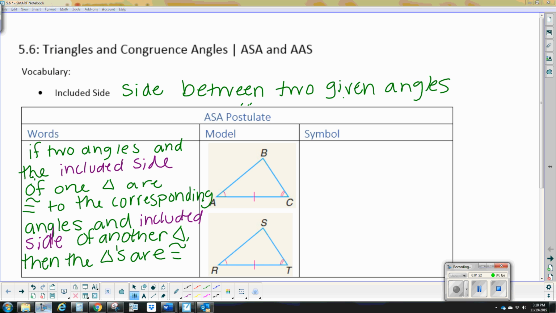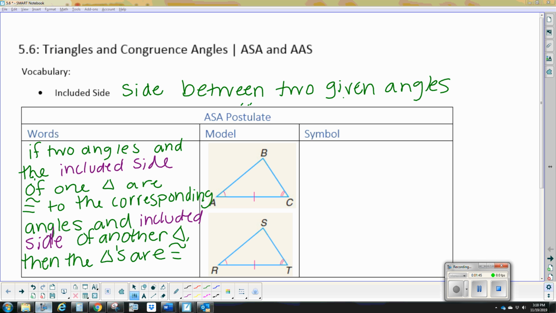So let's look at the diagram that we have with this. The model has angle A congruent to angle R and angle C congruent to angle T. It also has the included side of both of these triangles, which is side AC and RT congruent.